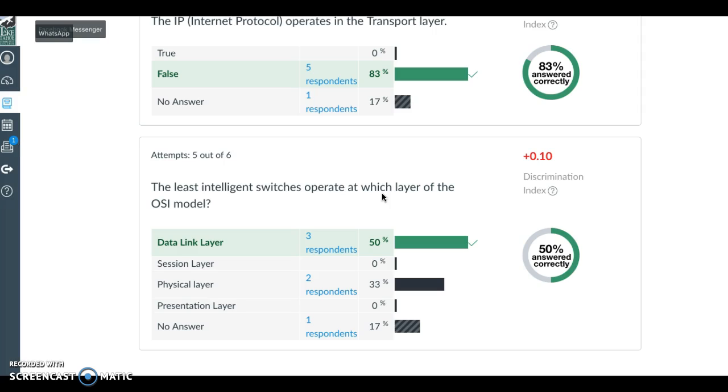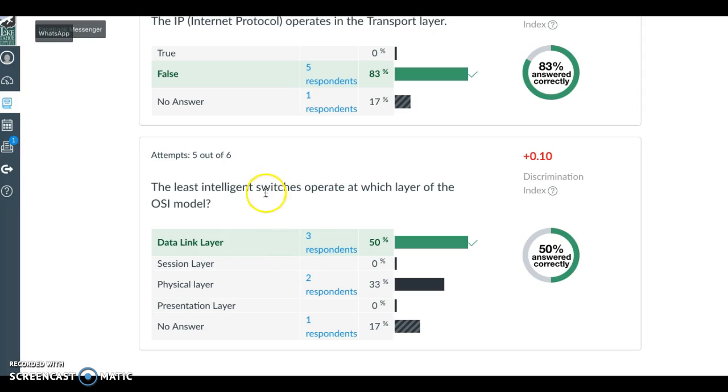When you think of switches, you should think of layer 2. Those particular PDUs, again, at the router level, it's a packet. The data link layer is a frame, and then the bits. So it should have been the data link layer because that's where the switches operate.